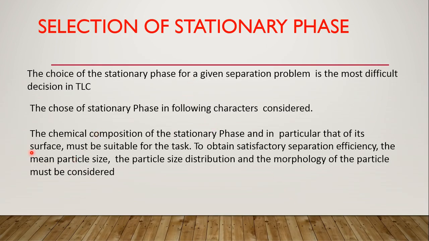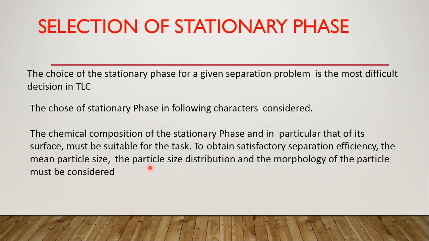Now for the selection of stationary phase, to obtain satisfactory separation efficiency, the mean particle size, the particle size distribution and morphology of the particle must be considered. So in this slide, the particle size of the stationary phase powders should matter.